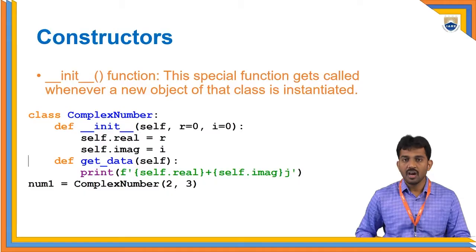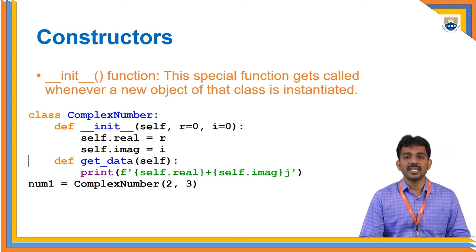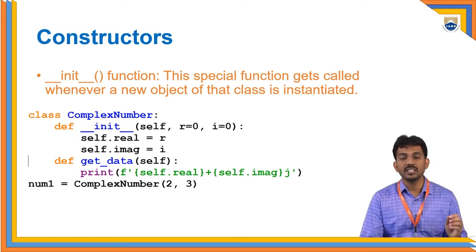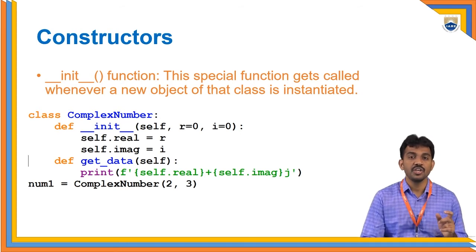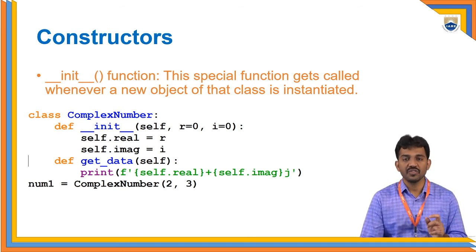Let us see the constructor. A constructor is a method that is called automatically when an object is created. Please note this: when an object is created, the constructor will be called automatically. The constructor is like a method that allocates memory to the particular object. Generally in C and Java, the class name is the constructor, but here we have a different representation for the constructor.